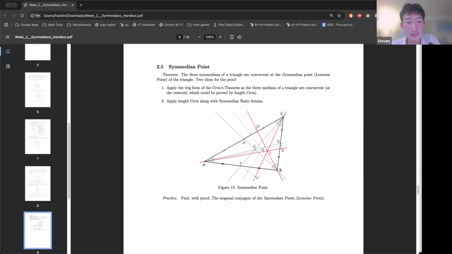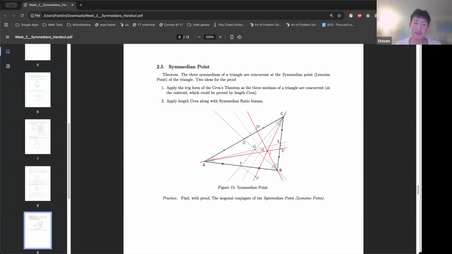And there are two ideas to prove that they are in fact concurrent. First, we can apply the trig form of Ceva's theorem, because the three medians of a triangle are concurrent, and we can mimic how we prove the three orthogonal Symmedians are concurrent.